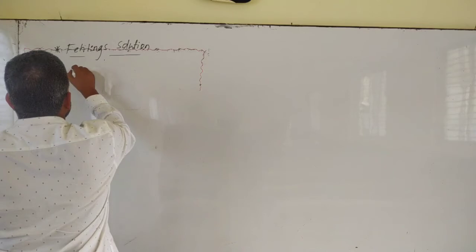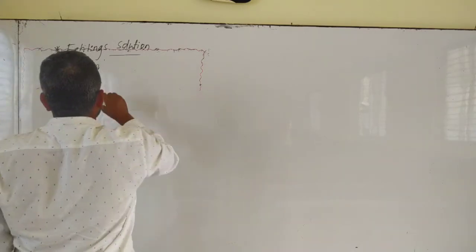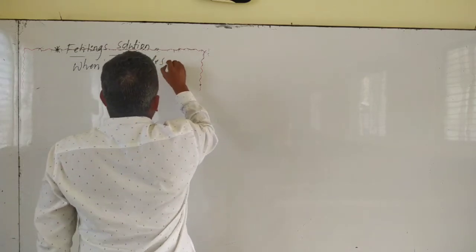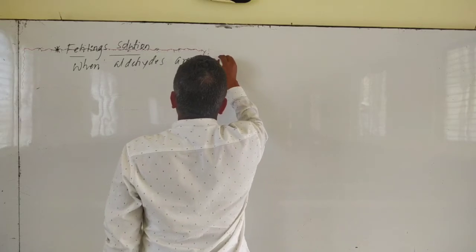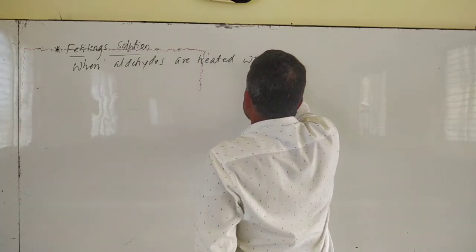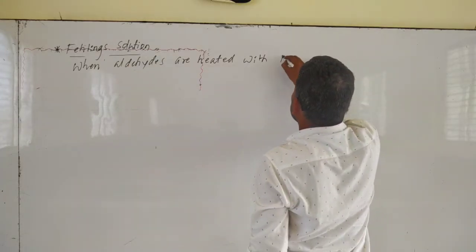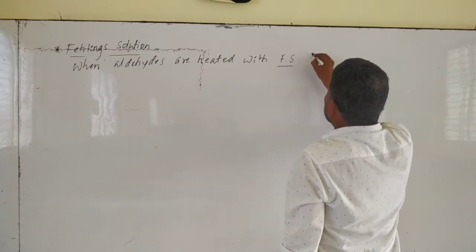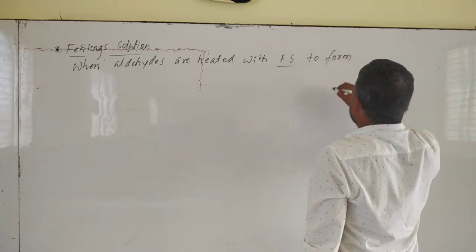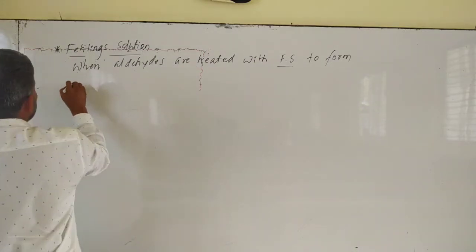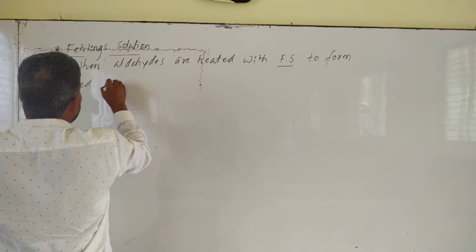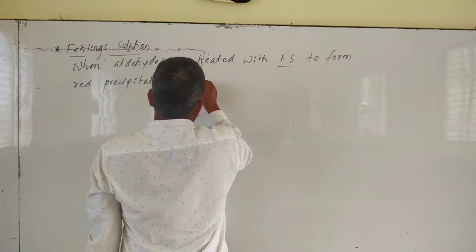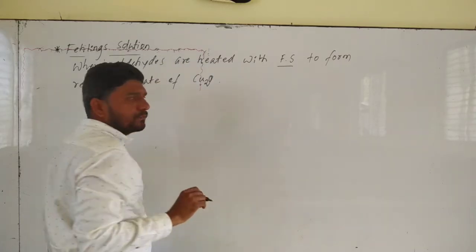See what will happen when aldehydes are heated with Fehling solution, I will write as Fs, Fehling solution, to form a red precipitate of cuprous oxide. To form a red precipitate of what?